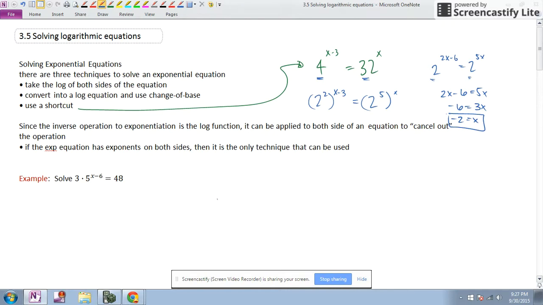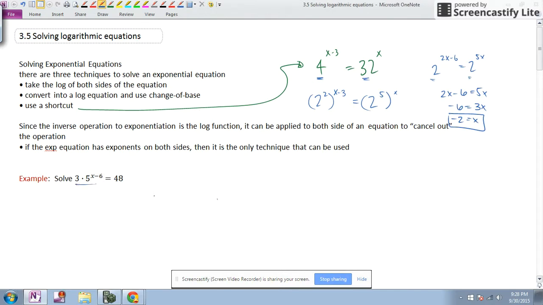All right. Now let's talk about how I would solve these equations. Let's go ahead and figure out what we're going to do to this. So first thing is, you always want to get the base and the exponent and whatever it's equal to by itself. So if there's anybody hanging around like this 3, you need to get it out of there somehow.